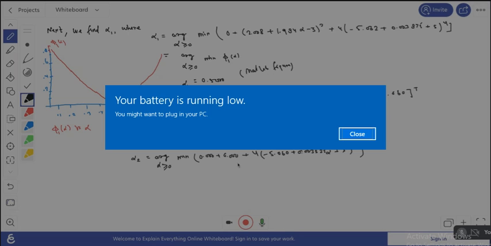This value of your phi, this function, is phi 2 of alpha. Or we say that you have to find the value of alpha at the minimum value of phi 2 of alpha.